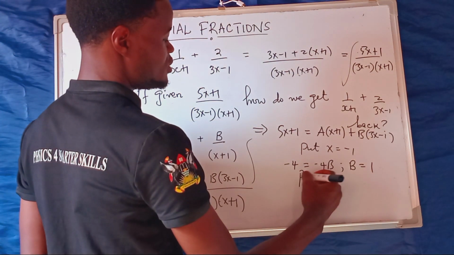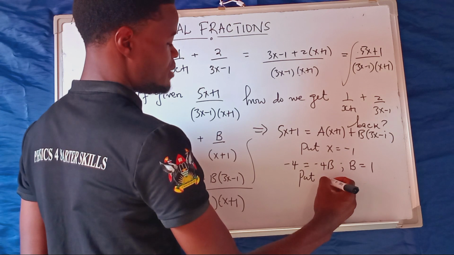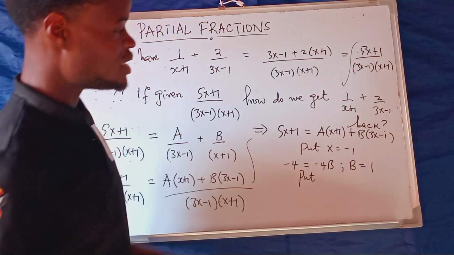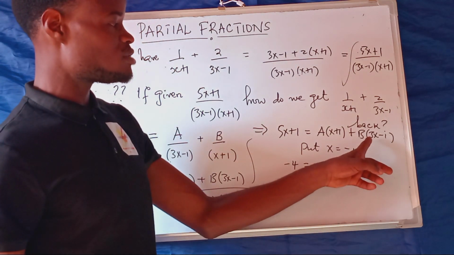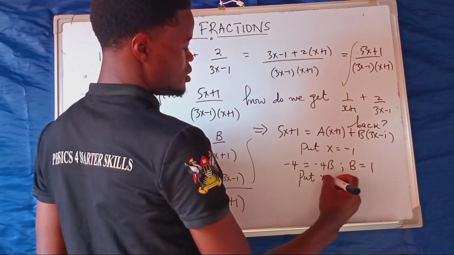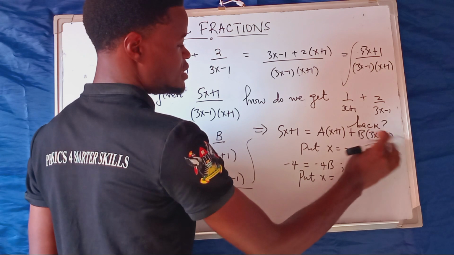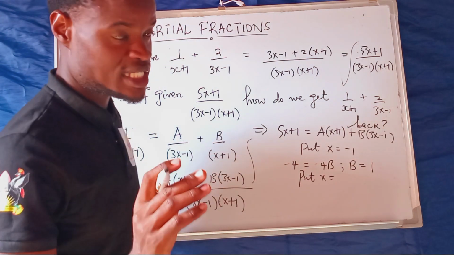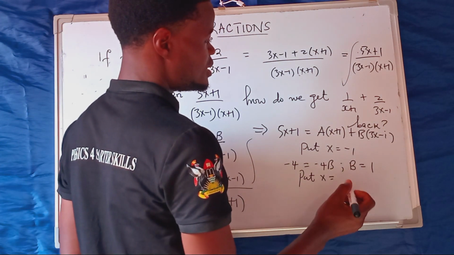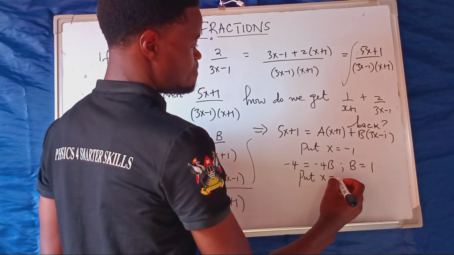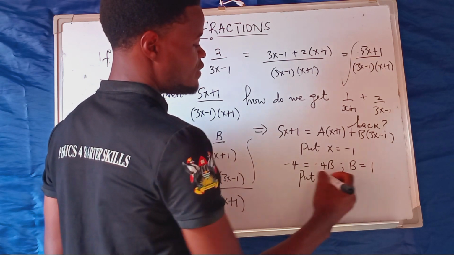If I want to eliminate my b now, after getting the b, how do I make this thing 0 such that I get a? I'll say if my x is a third, 1 over 3.